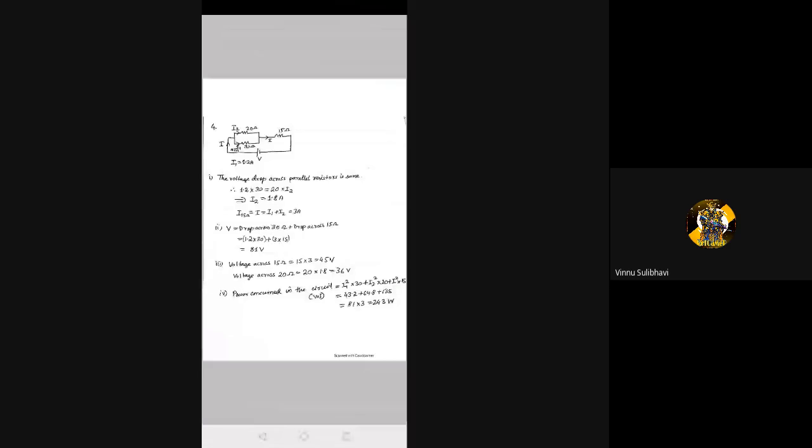Everyone clear with this problem? Yes, ma'am. I will request all of you to sit with this problem, concentrate on this problem, and you will get to understand. If you have not understood, just keep in mind the basic features of series and parallel circuits. If you know the basic features of series and parallel circuits, then it is very easy, and not to worry, you will understand.